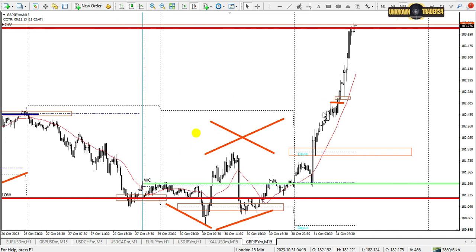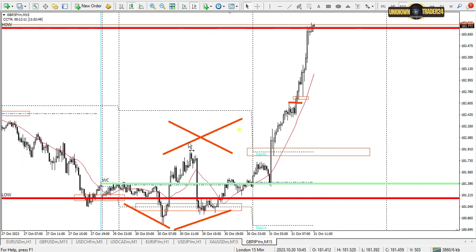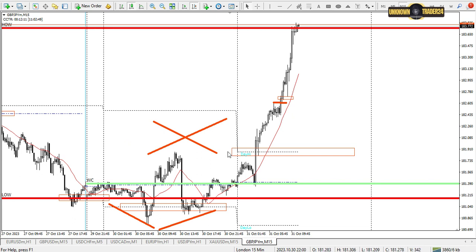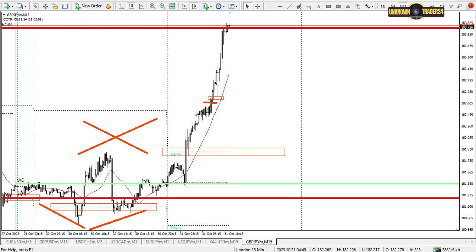So basically this is how I select the currencies that are ready for the next day. I'm glad, because I spoke about something that really moved but wasn't part of the setups for today, or part of the currencies to take today. We did go through two that were ready for the day.